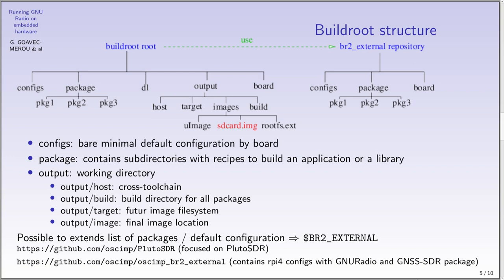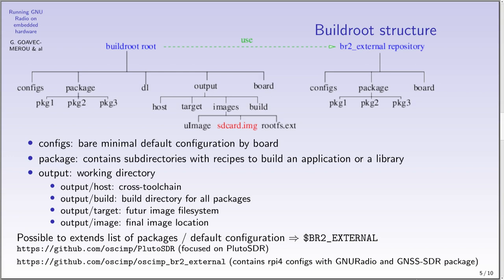Each of them contains recipes to build an application or library. They provide the relationship between an application or library and other applications or other packages, to be short, where to download, how to configure, how to patch, and how to build the corresponding package. The last one is output.